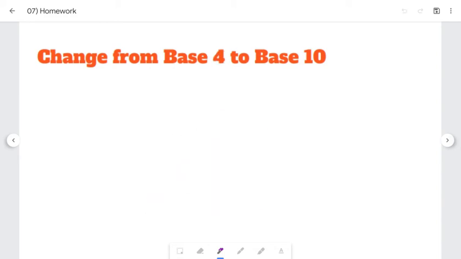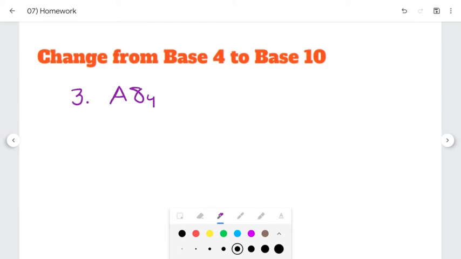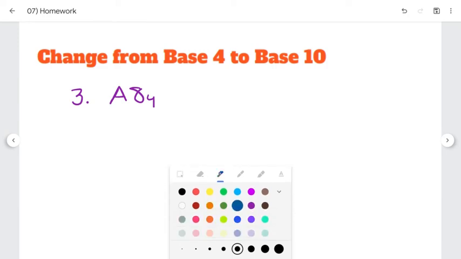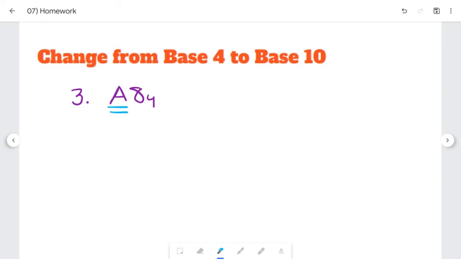Now I'm going to change this up a little bit for this next example. I'm going to say we have A 8 with a base of 4 that we want to convert to base 10. Now remember, we may run out of digits here. If I think about my digits, I have 0, 1, 2, 3, 4, 5, 6, 7, 8, 9.